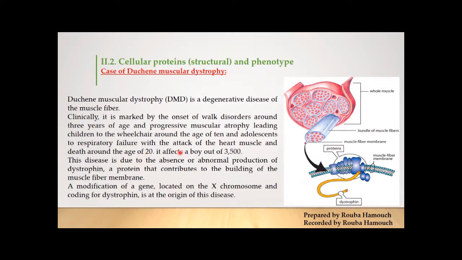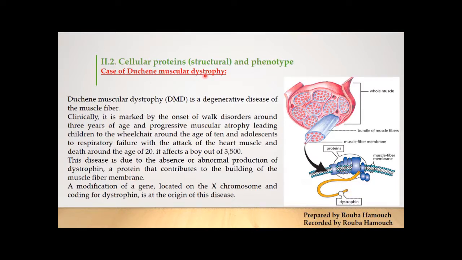This disease affects a boy out of 3,500. So it's a rare disease, but it is fatal. This disease is due to the absence or the abnormal production of dystrophin. Dystrophin is a protein that contributes to the building of the muscle fiber membrane.